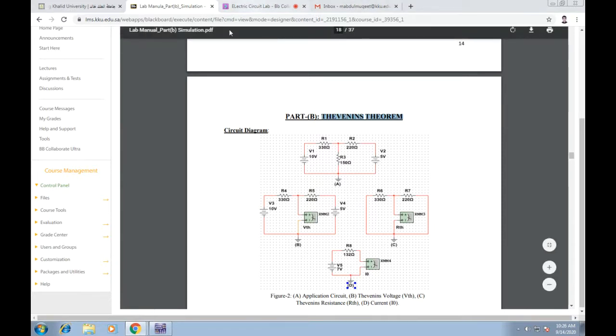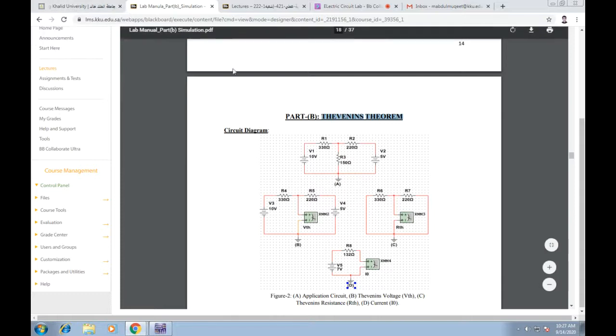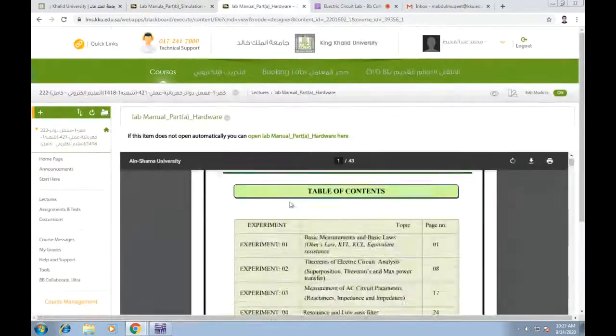Okay, this is nothing but Thevenin's theorem. If you revise it, it will be easy for you to remember. Let me show you.